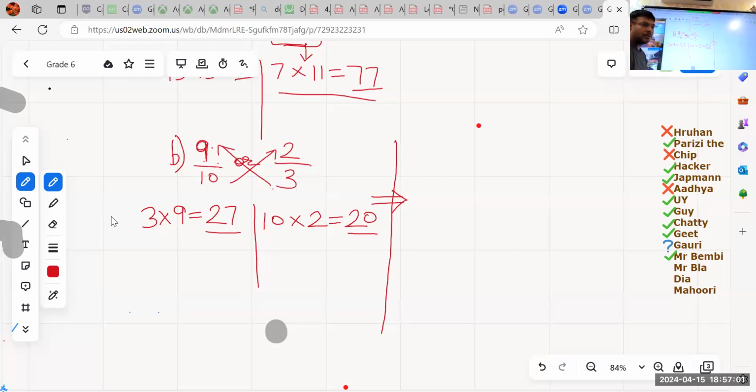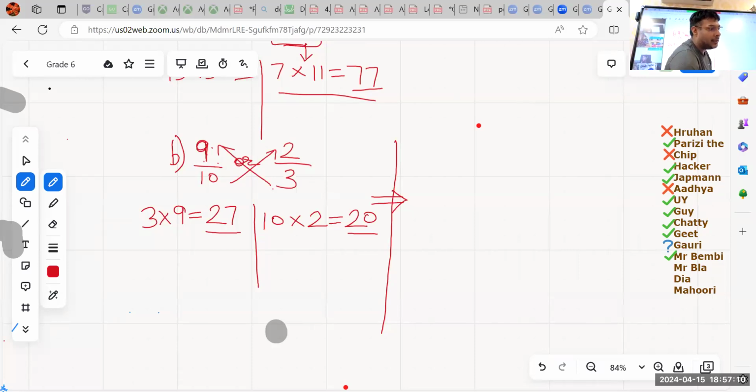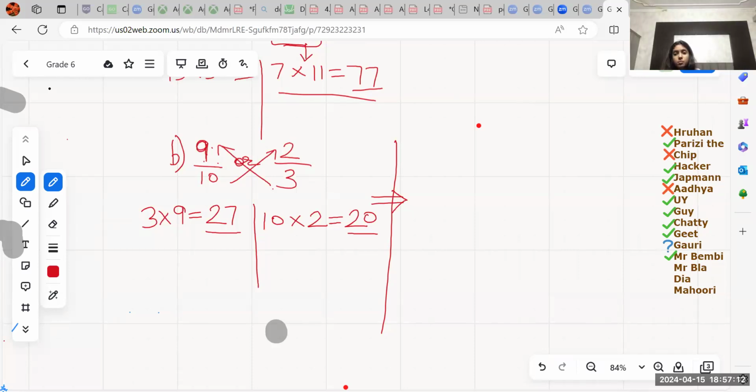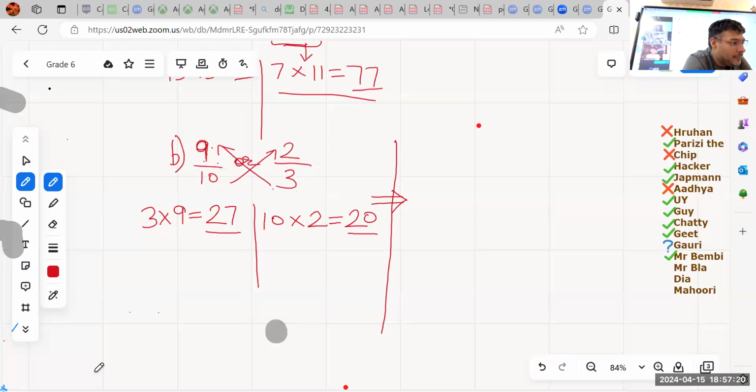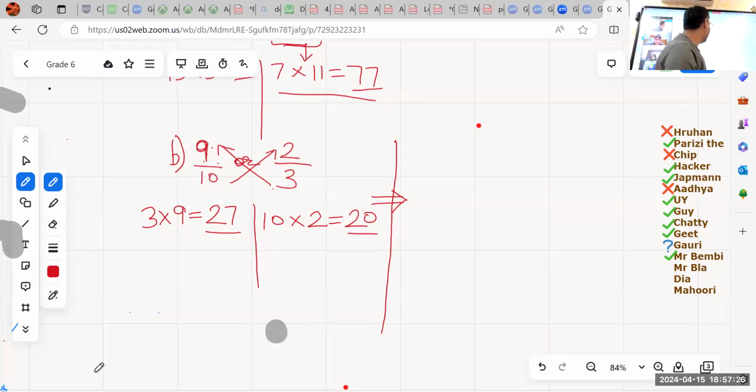What is the reason behind this method working and giving you the correct answer? May I have your eyes on the screen? Thank you. So who will tell me? All right, no one. So let me tell you.